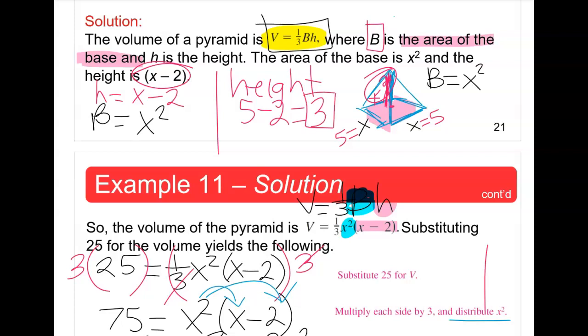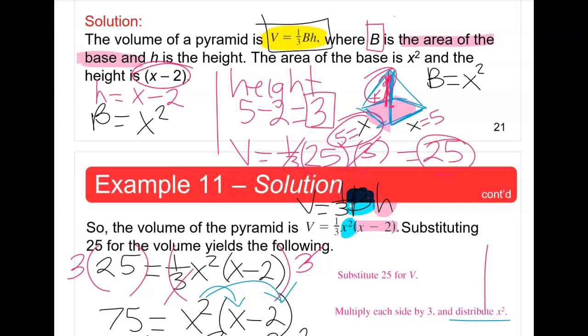And if we were to calculate the volume of the pyramid that way, it will be 1/3 times the area of the base, which will be 5 squared, 25, and then times the height, which is 3. So 1/3 times 3 is 1. 1 times 25. There we go.